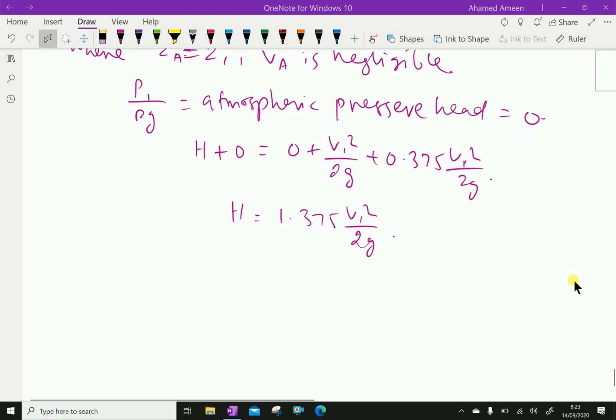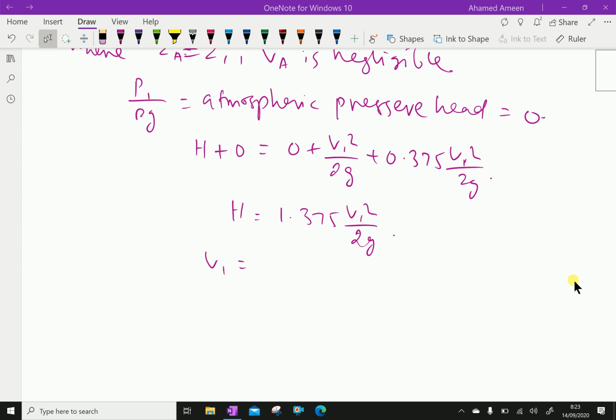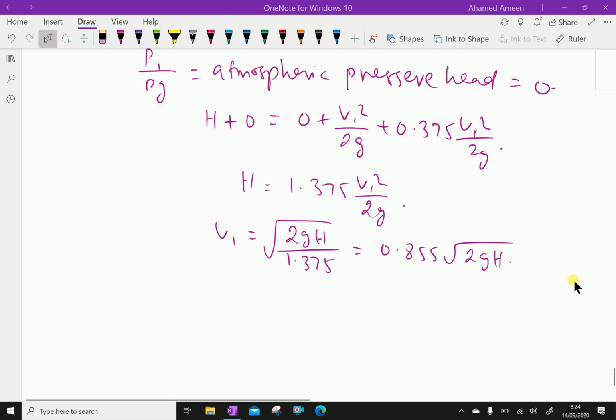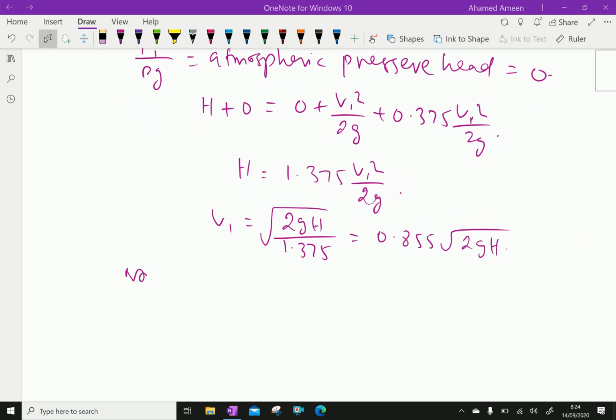From this, V1 equal square root of 2gH over 1.375, which is equal to 0.855 square root of 2gH.